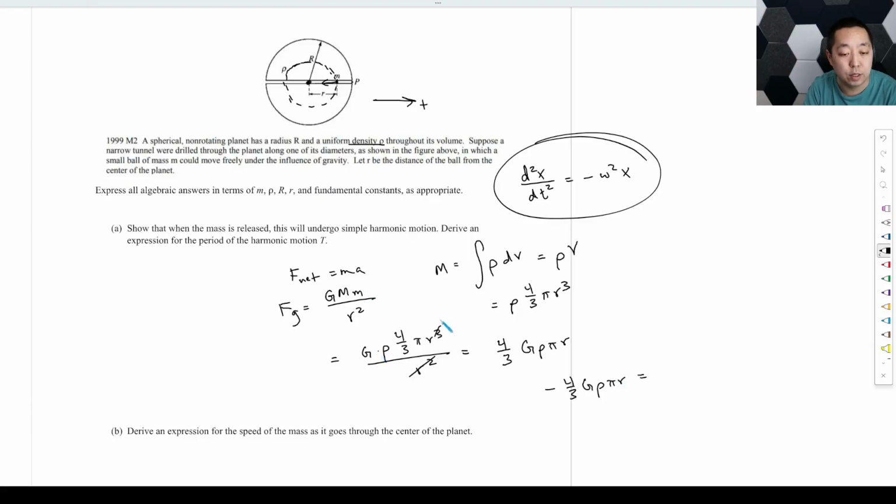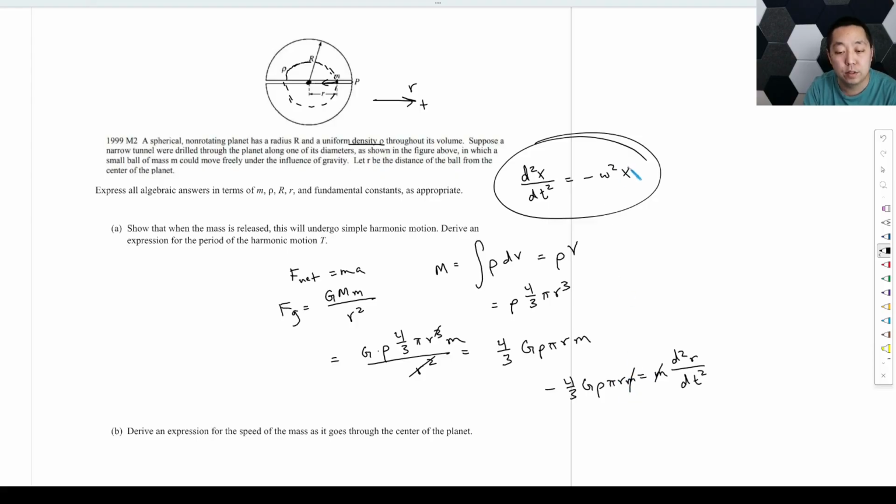There still should be a little m here, equal to m times the acceleration. If we call this r, then this is going to be the second derivative of r, the position, because we're just replacing x with r. The m's cancel. There's an m on this side, and it cancels with this one. So we get this proportionality to r.